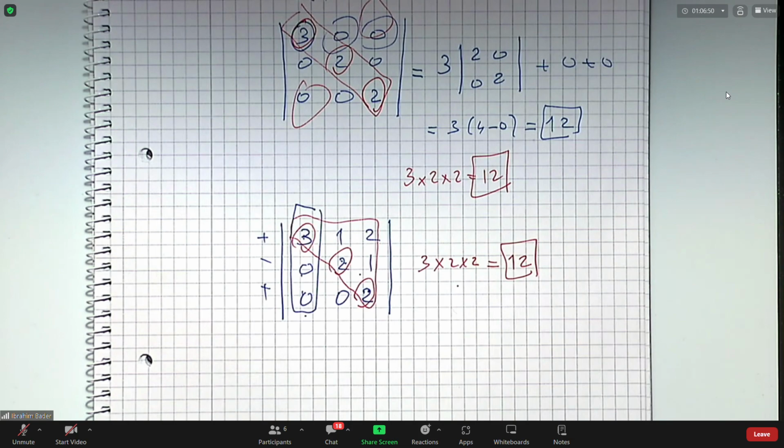So this is what I was telling you, that you can choose whichever method you like to evaluate the determinant. But as you see, this method is all about evaluating determinants.